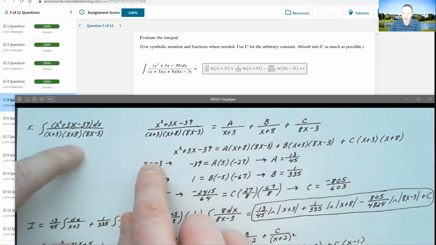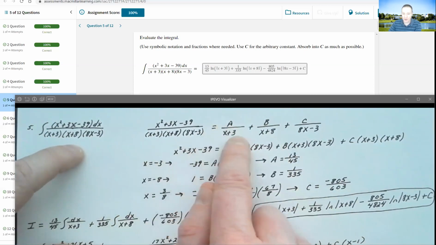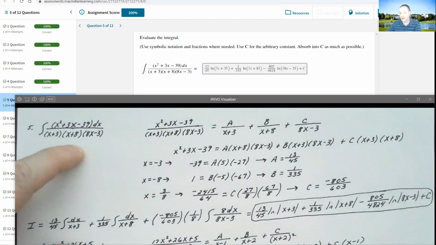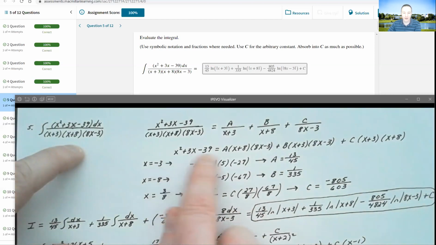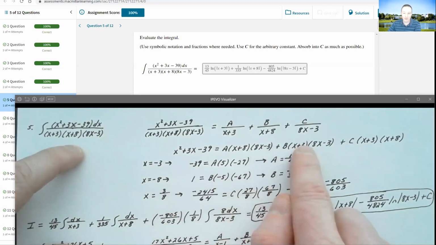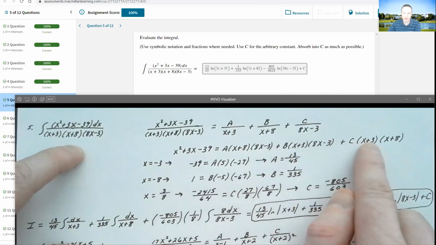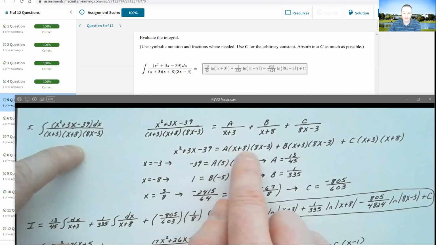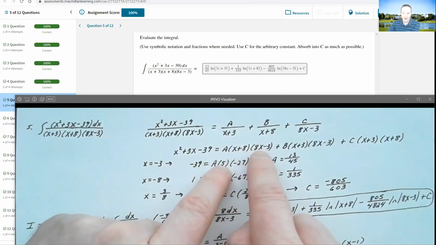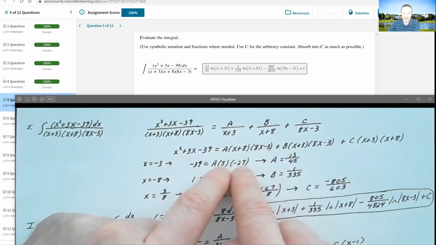Now, in order to solve for a, you should let the term in its denominator equal 0. You say, well, I can solve for a if I let x equal negative 3. Plug negative 3 into this polynomial on the left, you'll get a negative 39. Plug negative 3 into the right-hand side, b is going to be multiplied by 0, c is going to be multiplied by 0, a is going to be multiplied by negative 3 plus 8, which is 5, and 8 times negative 3, negative 24 minus 3 is negative 27.